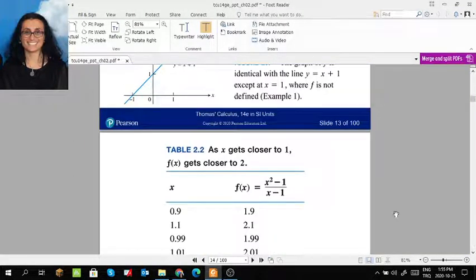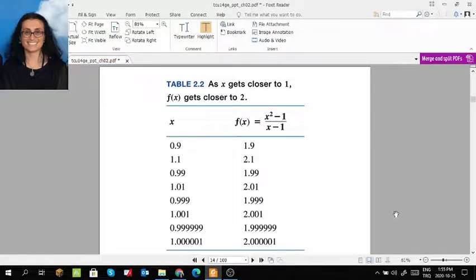Next page. This is the same function f, and we want to see what happens as x approaches 1. We can see this on the graph as well, but we want to see it on a table too.